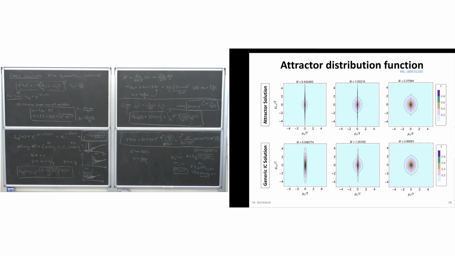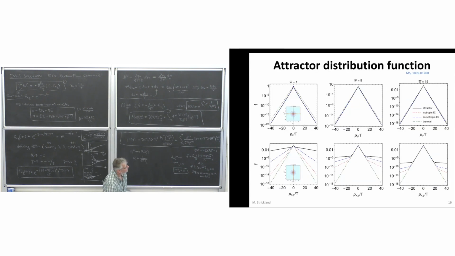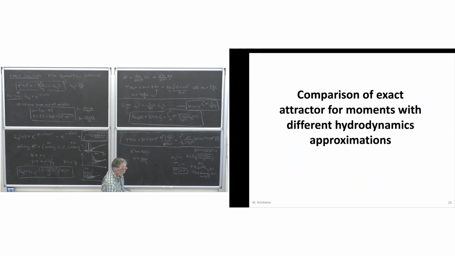And then you can compare just an arbitrary initial condition, how does it evolve, and you can see that it's going towards this sort of universal form of the one particle distribution function. Now, I won't go through these slides, but you can make various slices in space to try to simplify it from that 2D picture down to 1D pictures, and you can see the attractors very much easier that way.